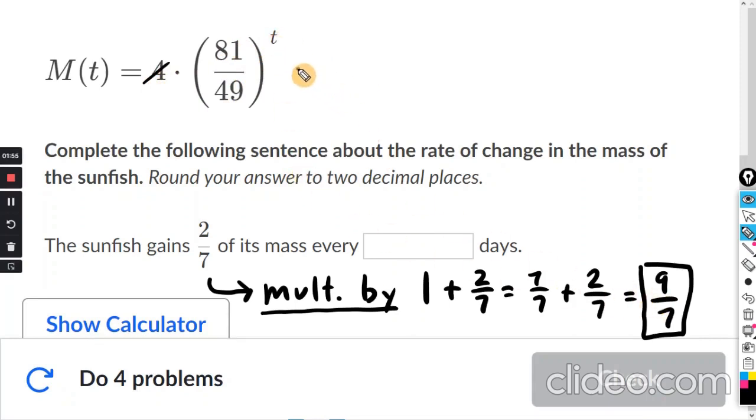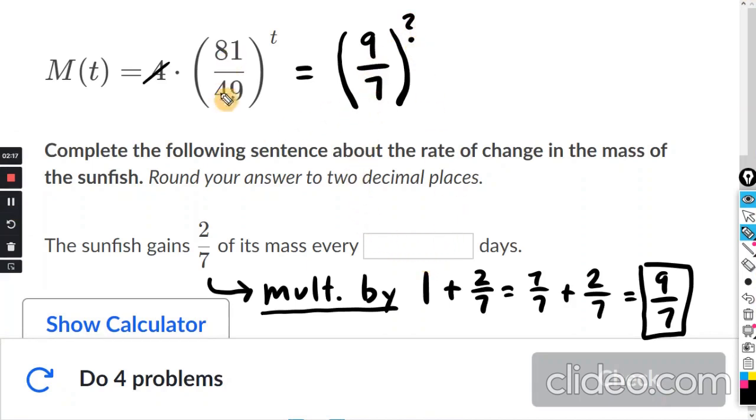I'm going to equate that to 9 over 7, and that is going to be to a certain power itself. And we want to figure out what that is.